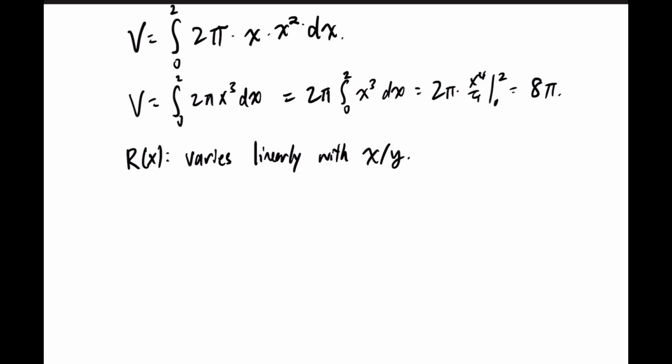So let's take our same function, x squared, except this time let's rotate our function around the line x is equal to -1. So we'll still have our bounds at 2, but our lower bound in this case would be -1.